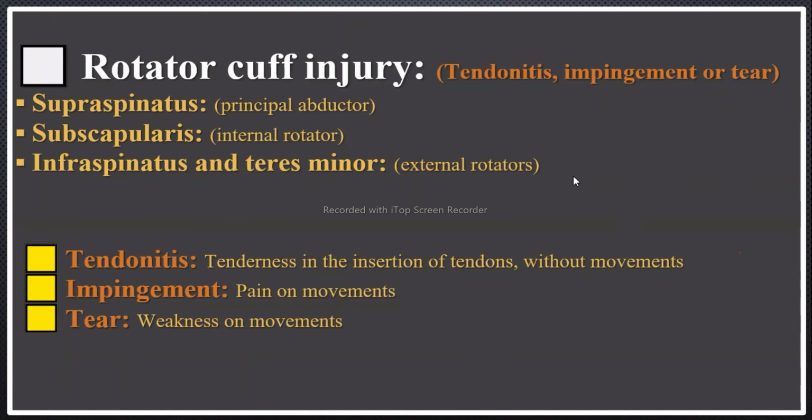If the patient has weakness but can elevate his shoulder or do abduction, it's only weakness. If the patient cannot move his shoulder at all, it's a complete tear. Okay. So regarding supraspinatus and the deltoid, both of them can cause abduction, but what is the principal muscle? Supraspinatus.